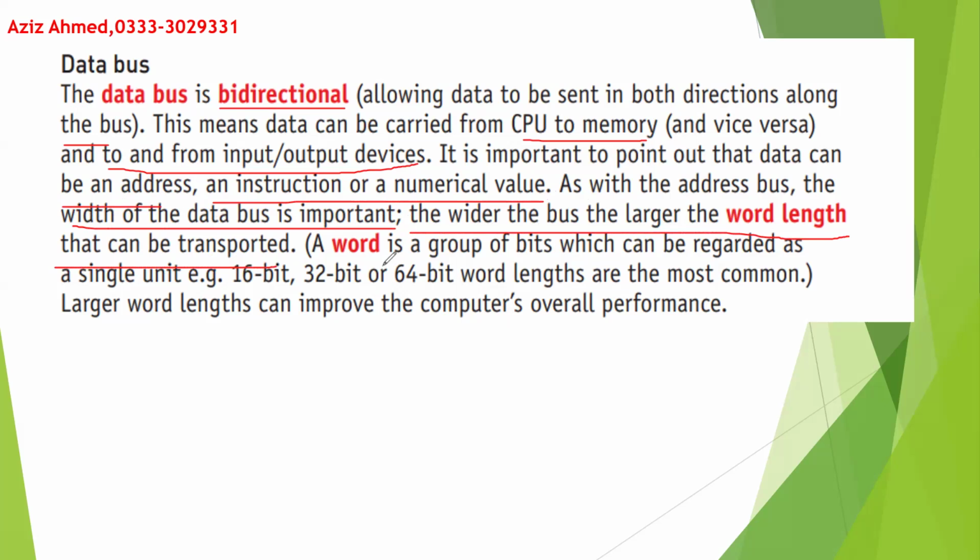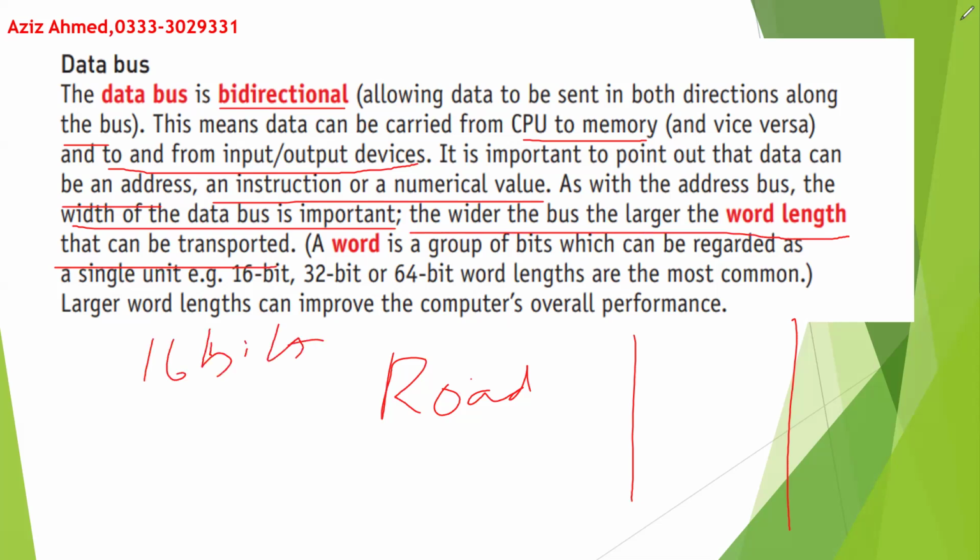As I gave you the example of a road, when you have a wider road, your data vehicles can move faster. Same thing happens in memory. A word is a group of bits which can be regarded as a single unit. For example, 16 bits means 2 bytes, two characters. 32 bits means 4 bytes.